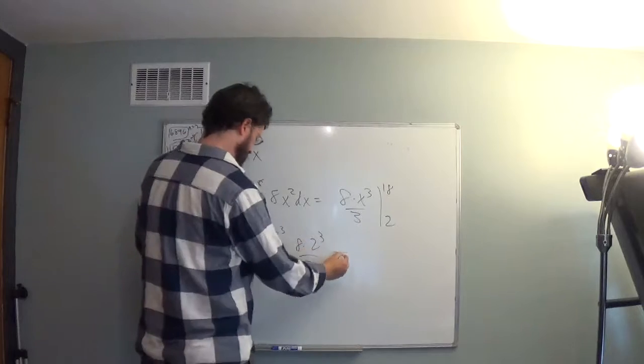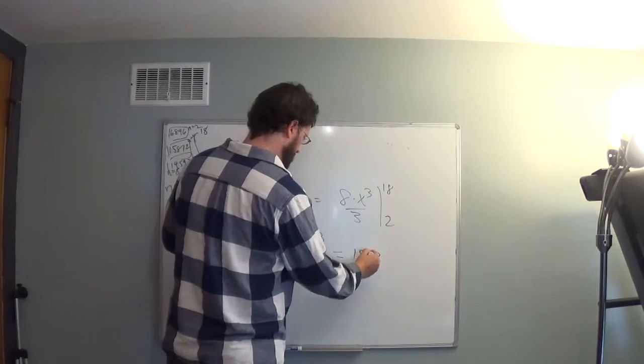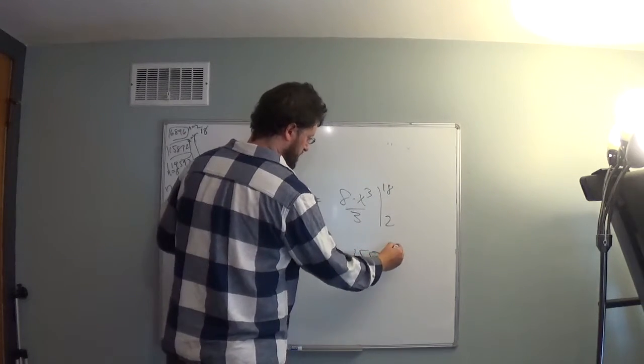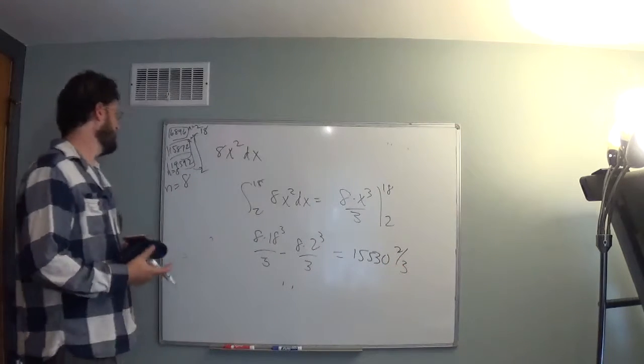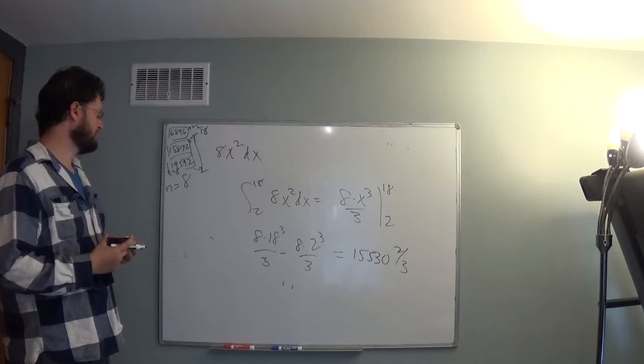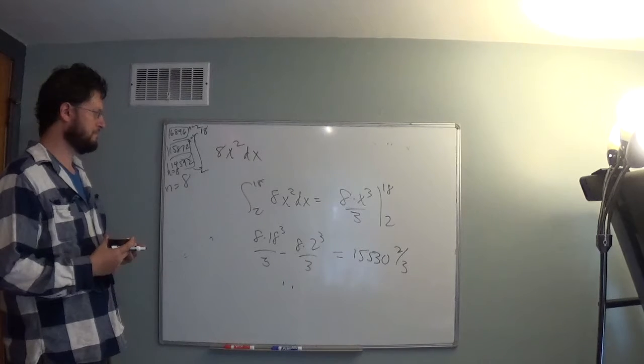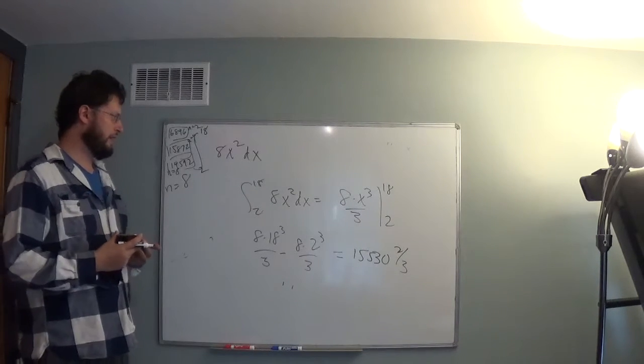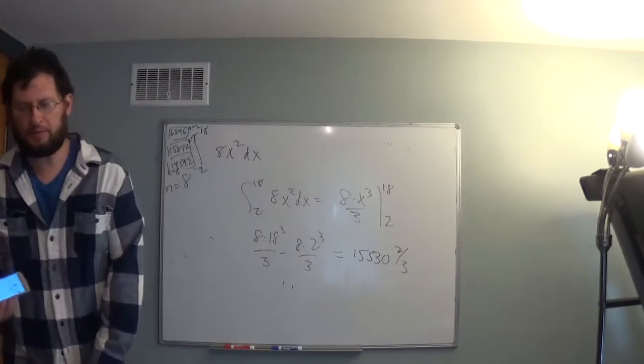And we end up getting 15,530 and 2/3. And this is the idea with the trapezoid rule.